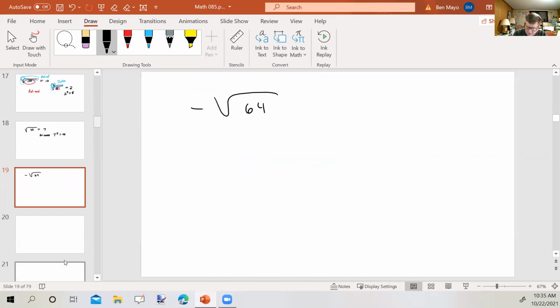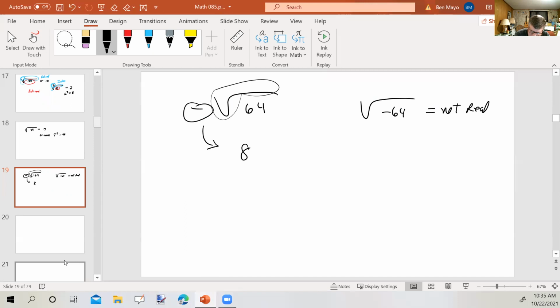A little bit ago, I said that the square root of a negative number is not real, but here, this negative sign is not inside the radical, it's outside the radical, and a radical is a grouping symbol. So following order of operations, we would say the square root of 64 is 8, and then that would come outside and this negative sign would be attached to it. So the final answer would be negative 8.